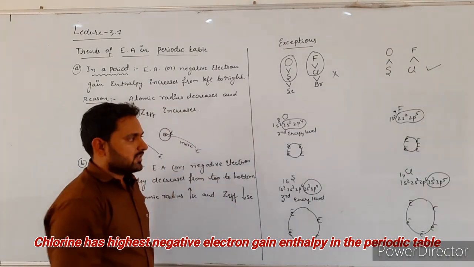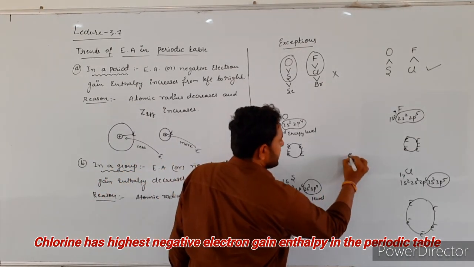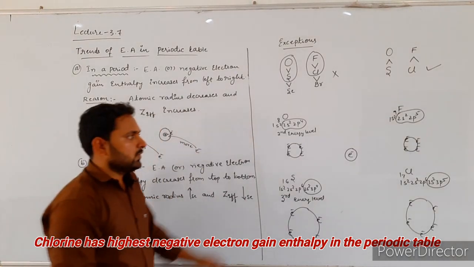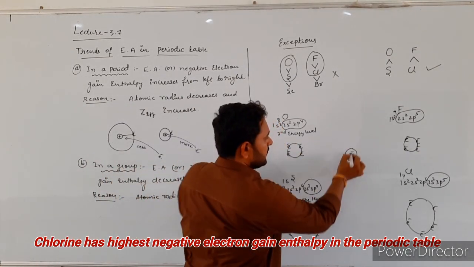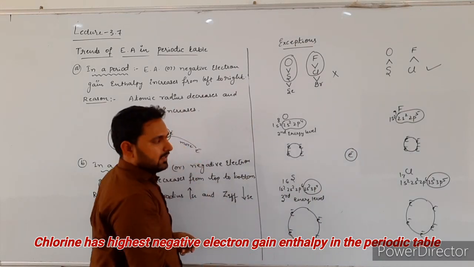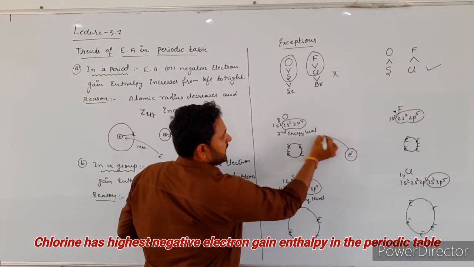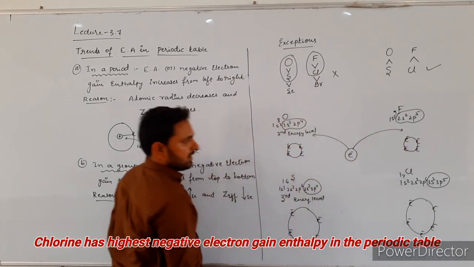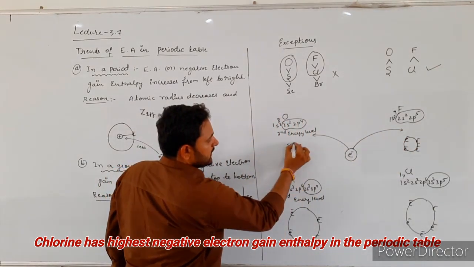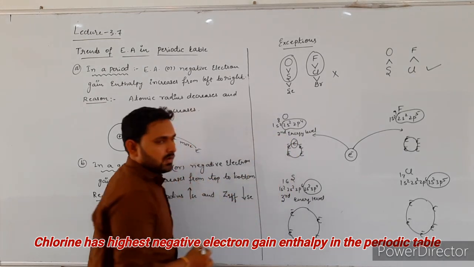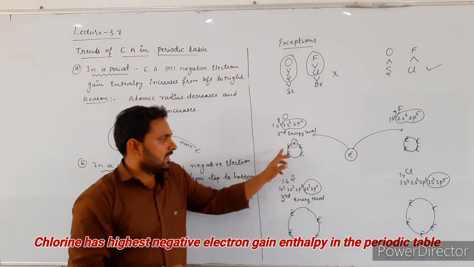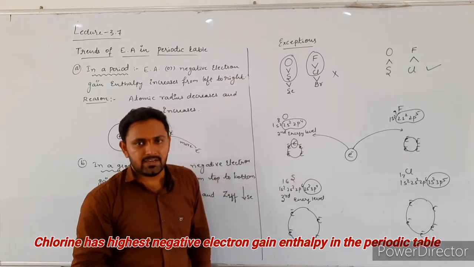Now, when an extra electron is added to oxygen or fluorine, this extra electron will go to the second energy level, right? When it goes to the second energy level, this added electron experiences more force of repulsion from other electrons present in the second energy level.